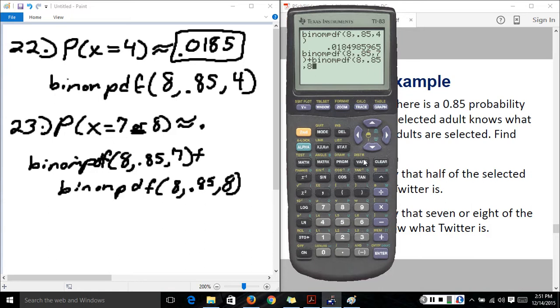The calculator does not mind having that all on one line, as long as you be sure to close your parentheses after the binom command. And I get my answer. 0.6572 is my answer.